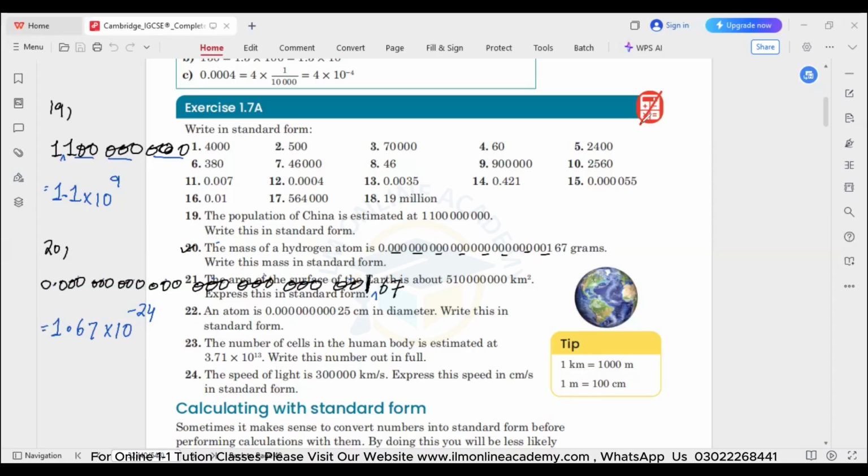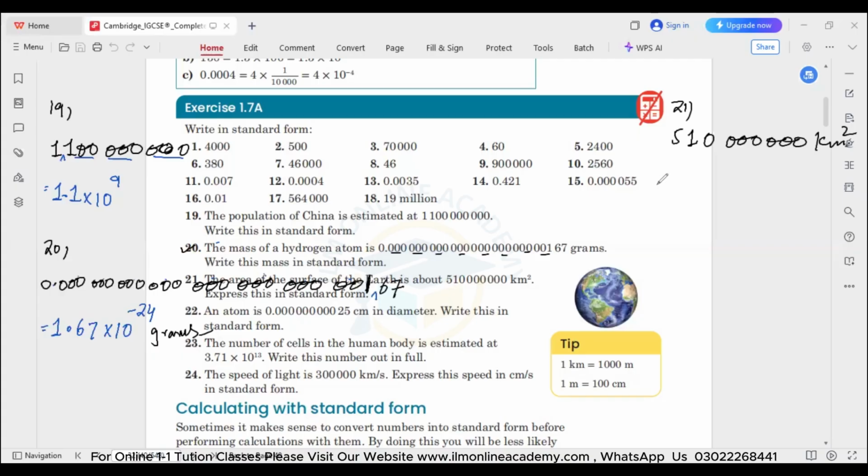Okay, let's go on with the 21st. If you check carefully, they're saying the area of the surface of the earth is about this, and we need to represent this in standard form as well. You can write the units as well. So we have 510,000,000 kilometers squared. This is basically an area, which is why they gave us square units.